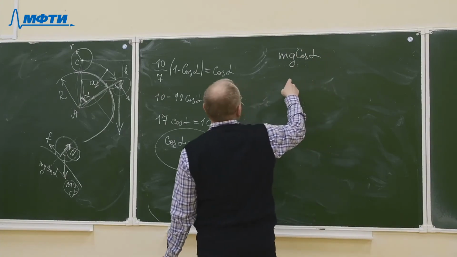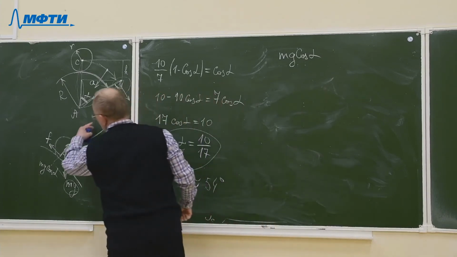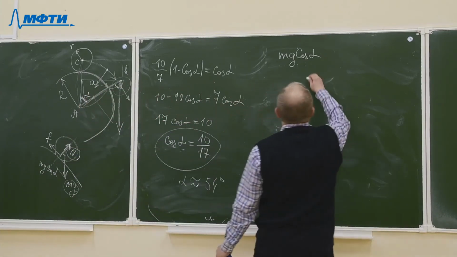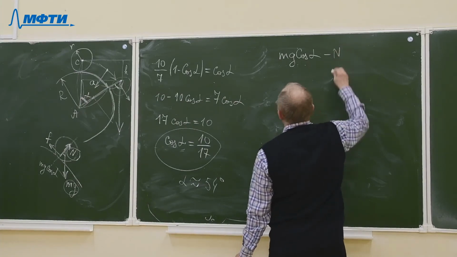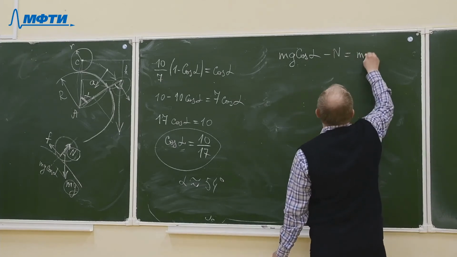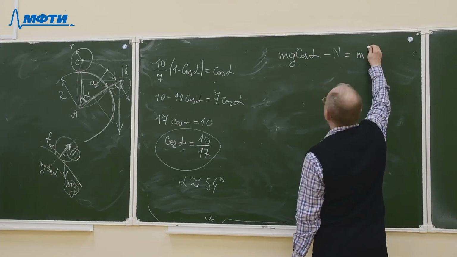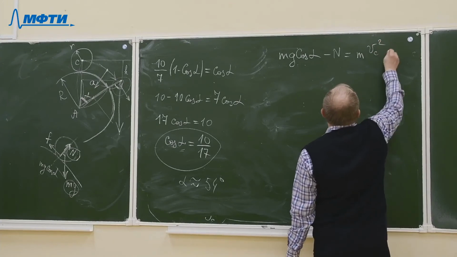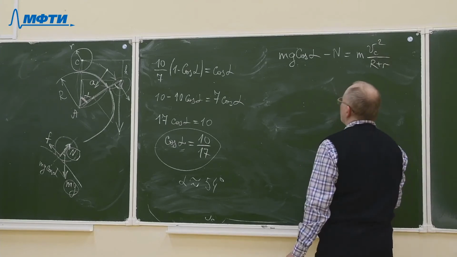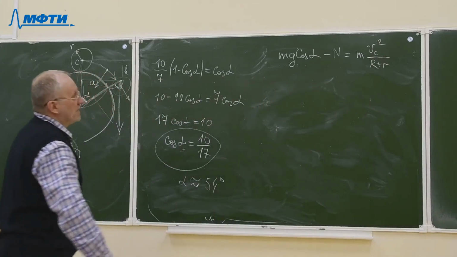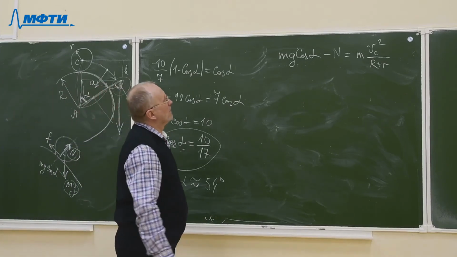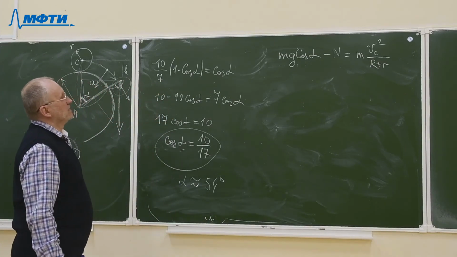I have written it on the blackboard, but the equation of forces acting perpendicular to the surface is mg cosine alpha minus N, the force of interaction with the surface, equals m times the velocity of the center of mass squared divided by (R plus r). That equation was written on the blackboard. I just reproduce it again, and I want to discuss it a little bit.